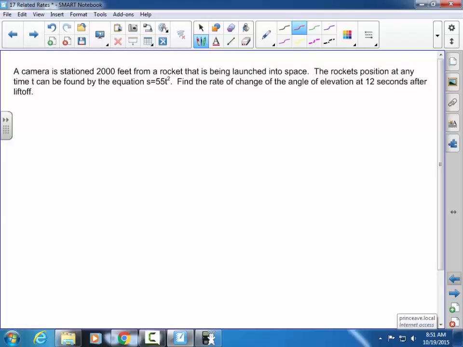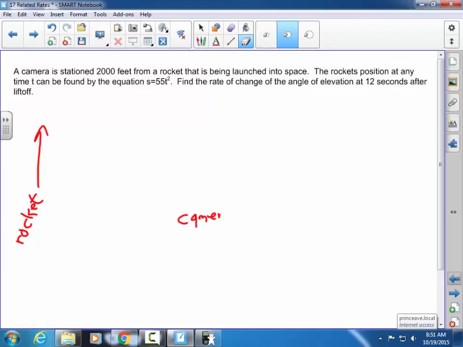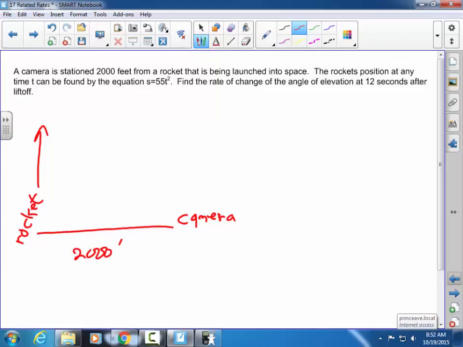All right, so let's draw a picture. You have your rocket, and it's going upwards. And we have our camera, and it's 2,000 feet away. We're assuming that the camera is trying to take a picture of the rocket.